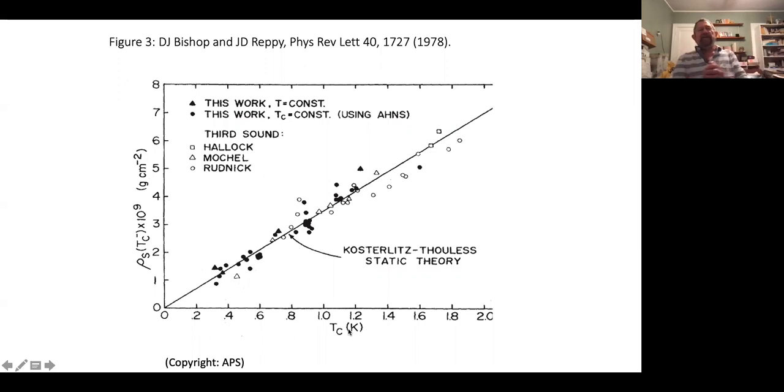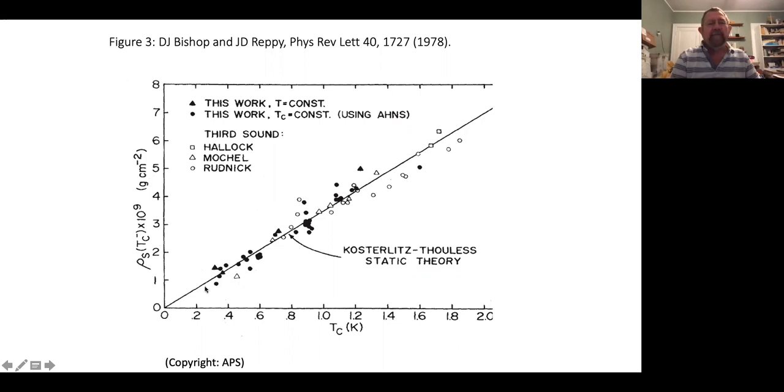Now you may say to yourself, how on earth can I make TC, the critical temperature, a parameter? Well, it's easy, because if you want to increase TC, all you do is make your film thicker. And if you want to reduce TC, you simply make the film thinner. And so you can vary TC this way. It's very easy.